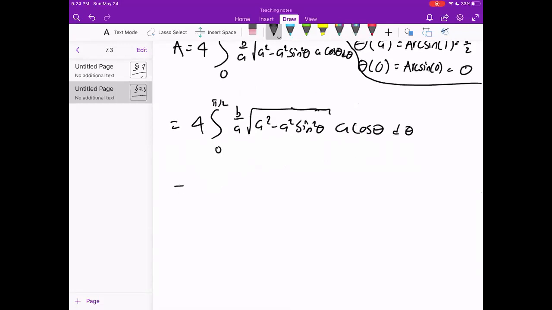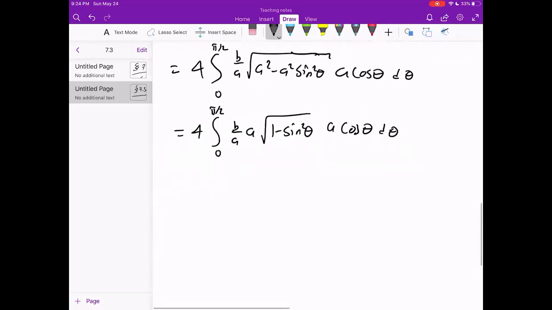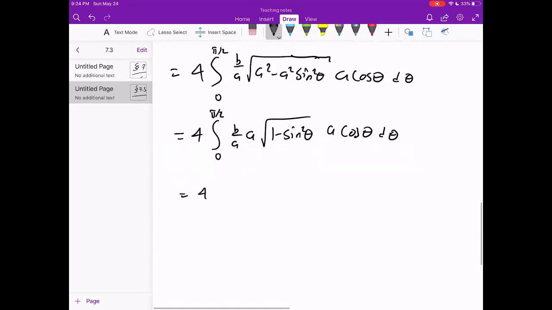Okay, so let's go ahead and do this integral. This is 4 times the integral from 0 to pi over 2, b over a. Pull an a out of the square root. I'm going to get a times the square root of 1 minus sine squared theta, a cosine theta d theta. So it's 4 times the integral from 0 to pi over 2. I have an a squared here, so I have b over a times a times a.